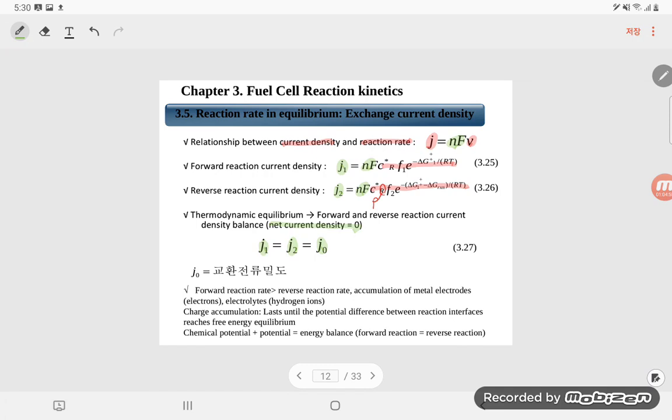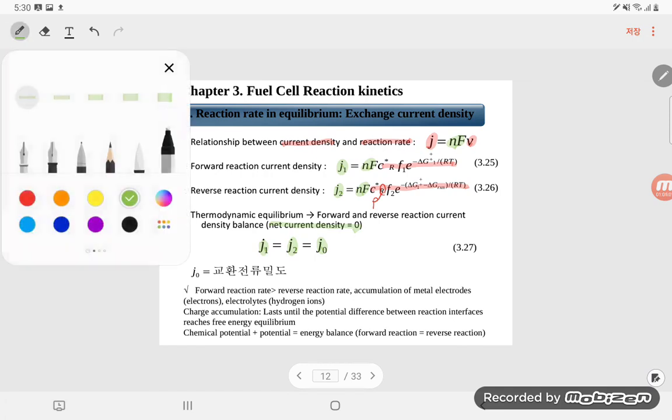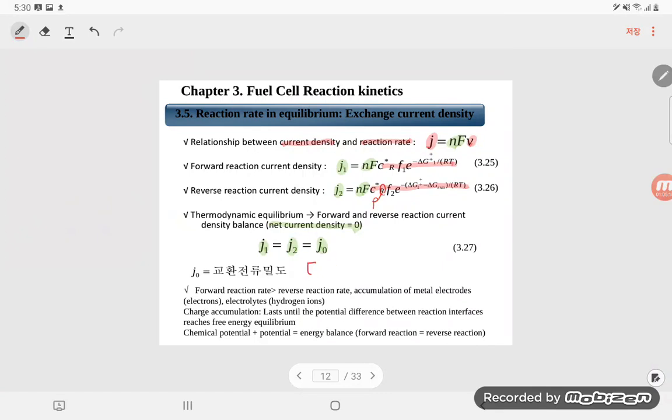So there is no apparent current density from the reaction, but actually the forward and reverse reactions occur together. We call this the exchange current density, J0.